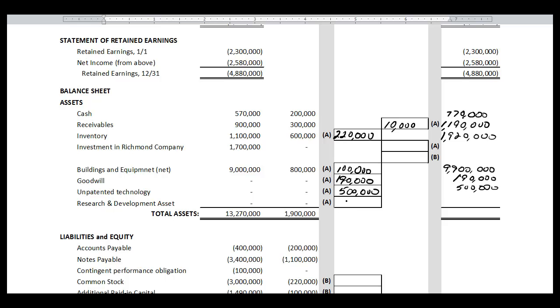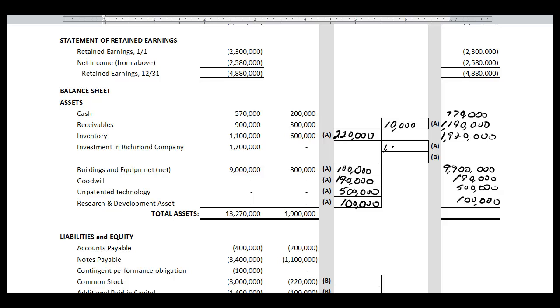And research and development in process, R&D, was $100,000. Now, what I've done is the net of all of these market adjustments. It should make sense that I'm going to have to offset that to this investment account.